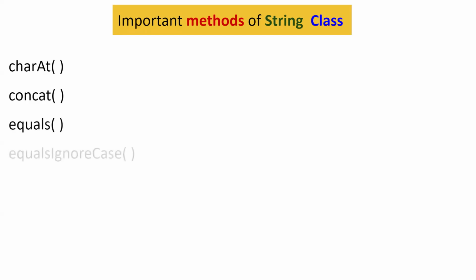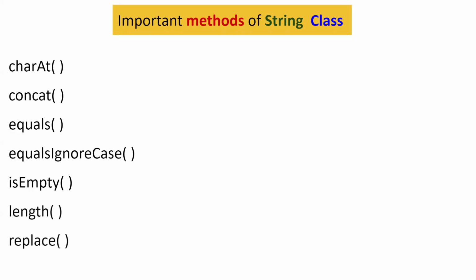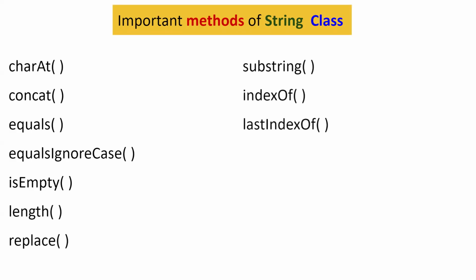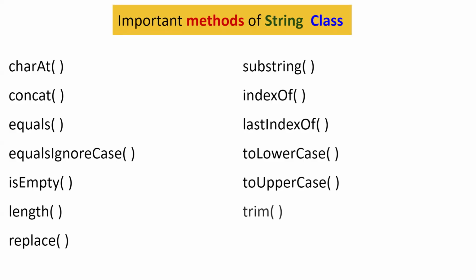Equals, we already used. Then equalsIgnoreCase is one more method. Then isEmpty, length, replace, substring, indexOf, lastIndexOf, toLowerCase, toUpperCase. Then to this list, trim is also one more. As I have shown already, there are some 60 odd methods, but these are the most commonly used methods. So to this list, we can add the split method also, which we added.